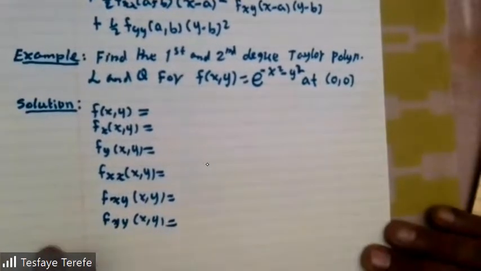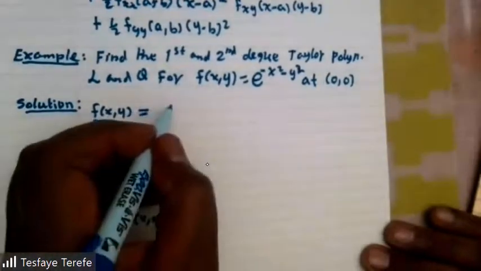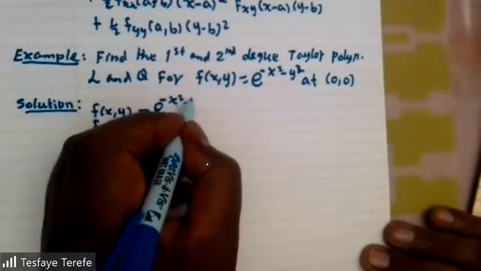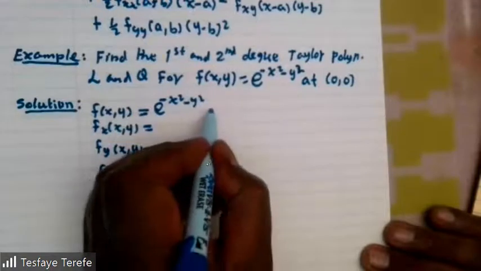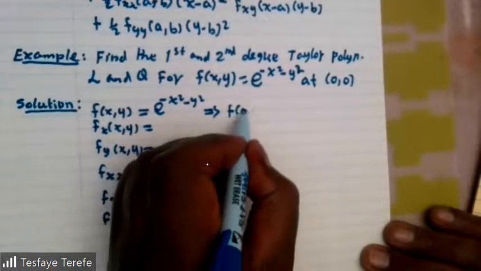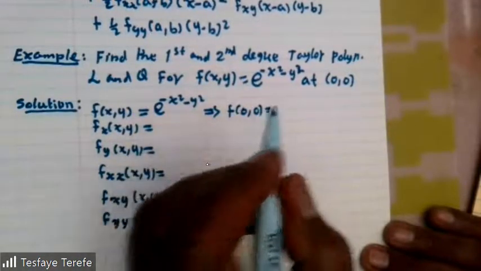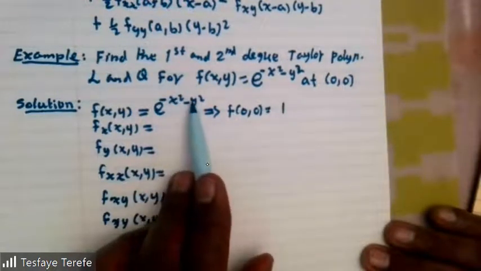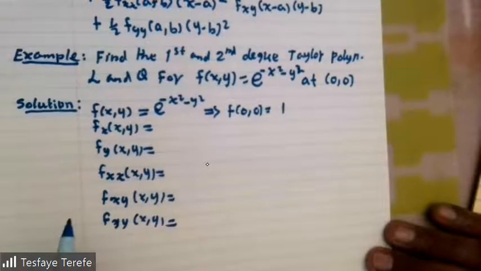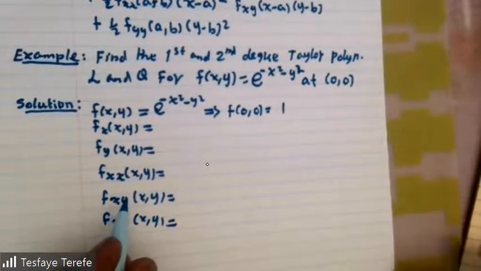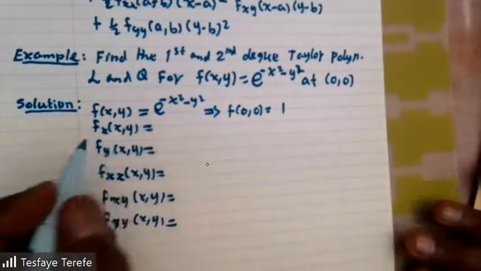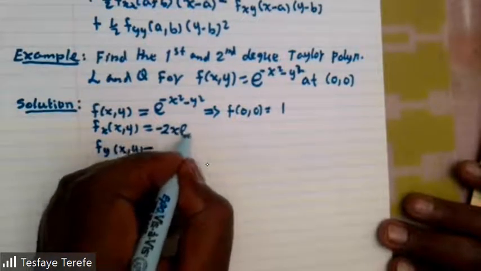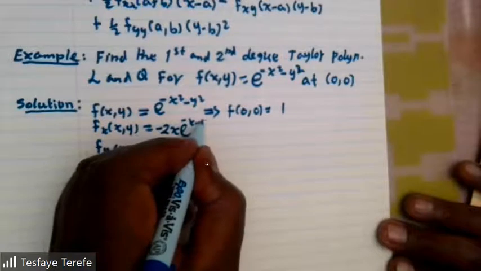Okay, finding this, f of (x, y) is e raised to negative x squared minus y squared. Then f of (0, 0) is going to be 1, because when you put 0 here and 0 here, e to the power of 0 is 1. And now let us find the partial derivative with respect to x. This is going to be negative 2x e raised to negative x squared minus y squared.